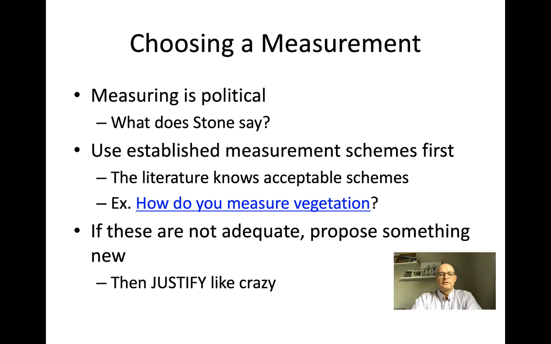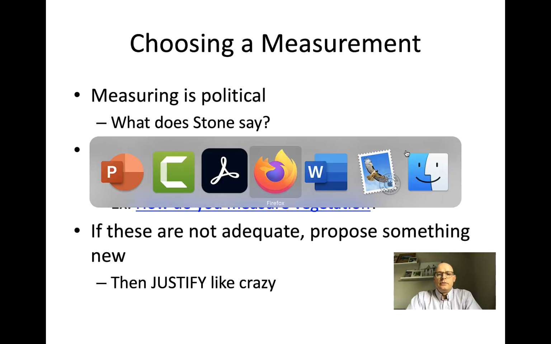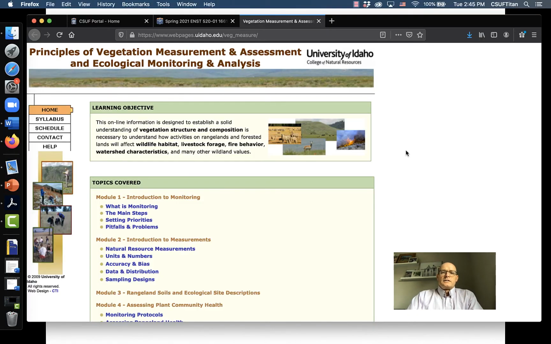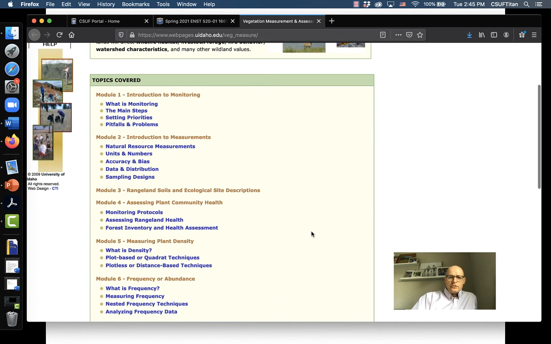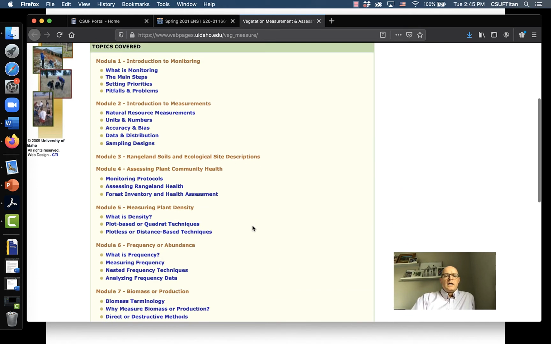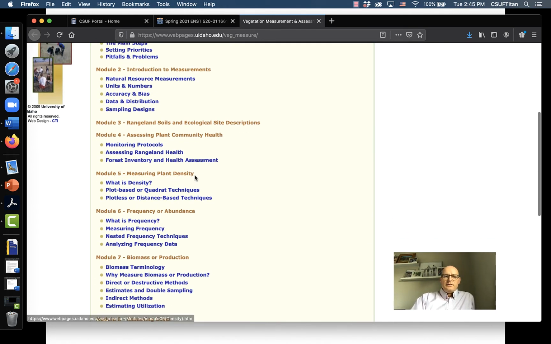I'm going to shift over here really quickly to show you some measurement schemes. So I posted this site on the Canvas. It talks about University of Idaho's College of Natural Resources, Principles of Measuring and Assessment, Ecological Monitoring. This will go through all these different protocols, how you measure plant density. There are plot and quadrant types.